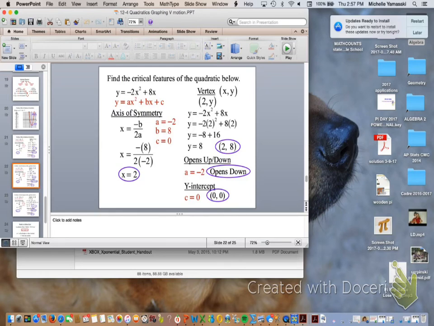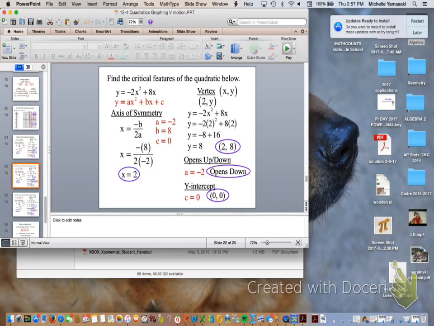Okay, we said it opens up, right? Yes. Now, what's another point I can plot? The y-intercept, which is 0, 8. So that's 4, here's 8, right there. And its symmetrical mate would be 2 over. Now, I need 2 more points. I can do a table.